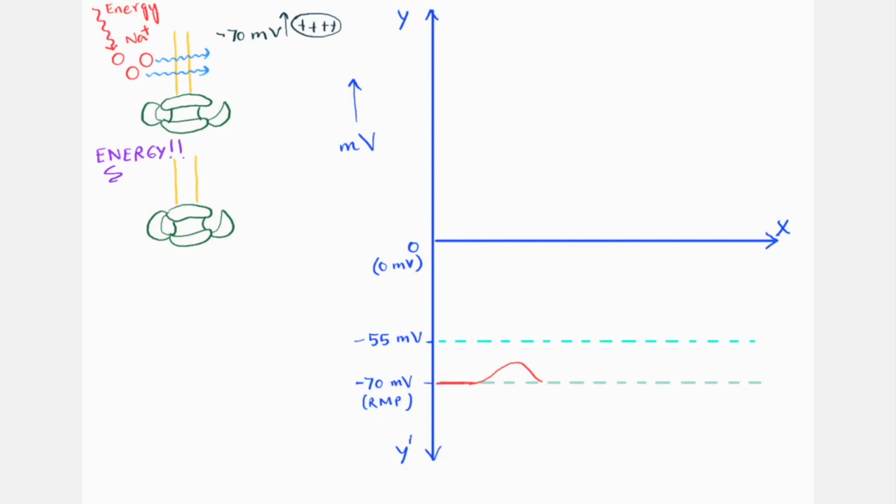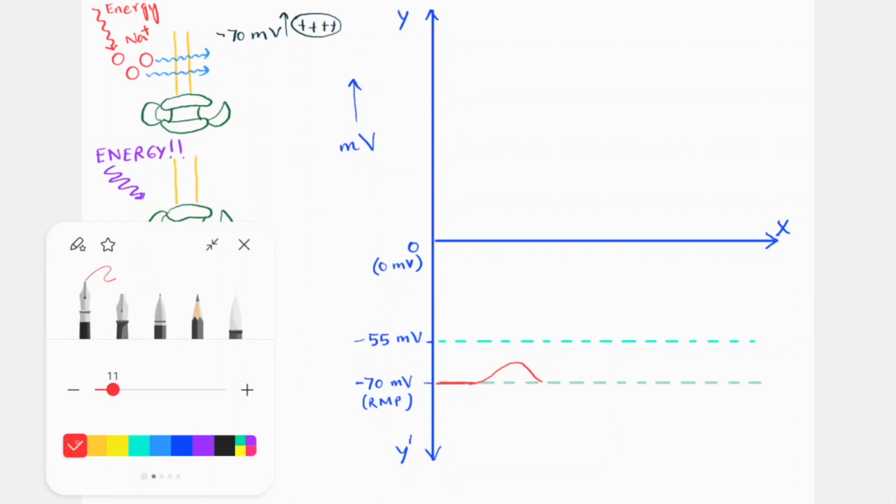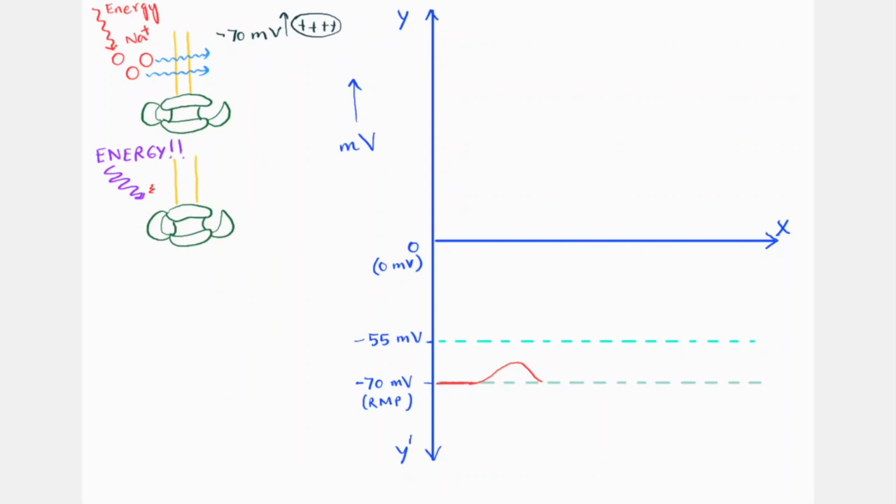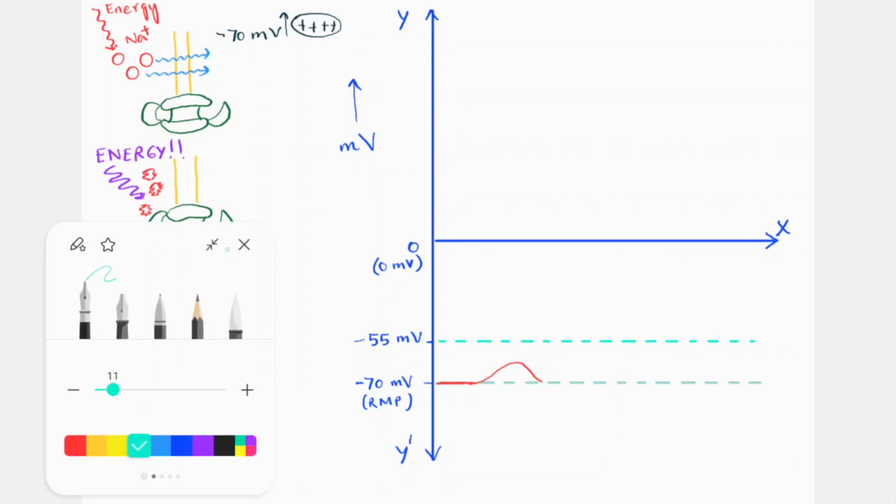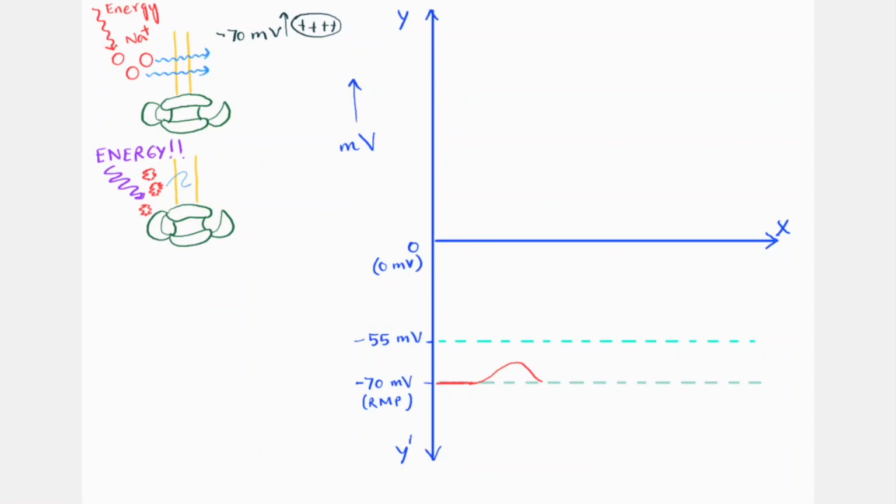Okay, and I'm hitting it hard with that energy. Okay, and the sodium ions, they are all excited. They're very strong, and they just want to go in the cell. They've got a lot of energy, and they whoosh just go into the cell.